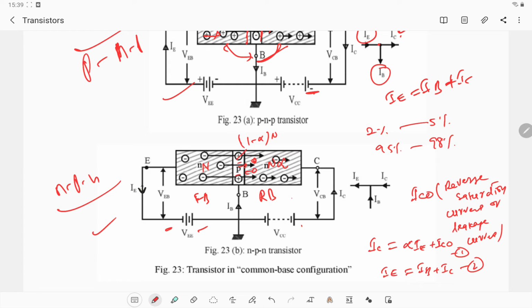In the emitter, majority charge carriers are electrons. These electrons are repelled by the negative terminal and sweep into the base region, but the base is lightly doped. From the majority electrons, some recombine with the holes in the base region and the remaining electrons sweep into the collector region, and these electrons are collected by the positive terminal of the battery.